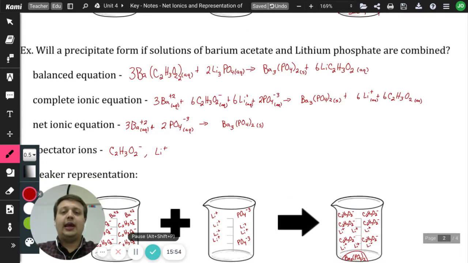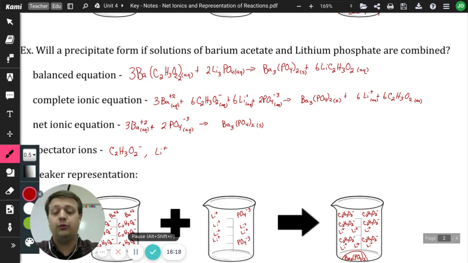All right, so let's take a look at this net ionic equation. It says, will a precipitate form if solutions of barium acetate and lithium phosphate are combined? So first off, I need to write my balanced equation. So I found that I had 3 Ba(C2H3O2)2, which was aqueous.